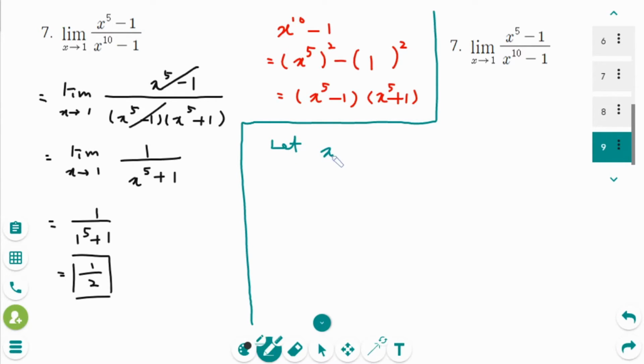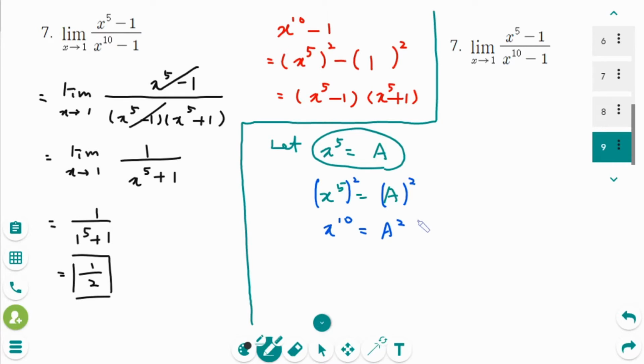The second way is using substitution. Let x to the power of 5 be a, please remember this one, and then square each side, so x to the power of 10 equals a squared. Then if x approaches 1, it means the same as x equals 1, a is also 1, so a approaches 1, and then change every x into a.